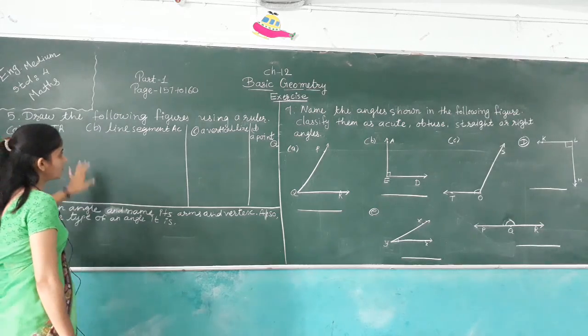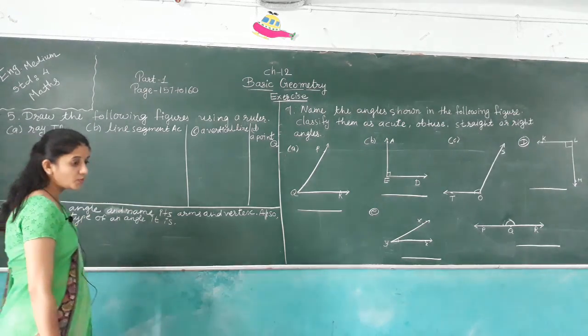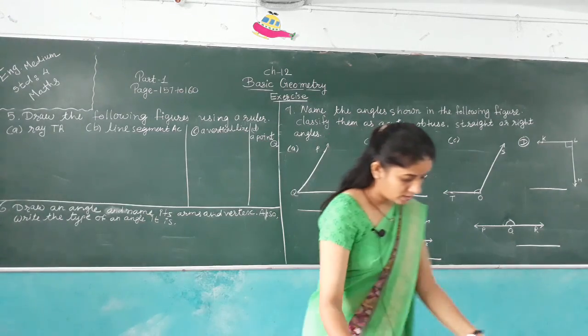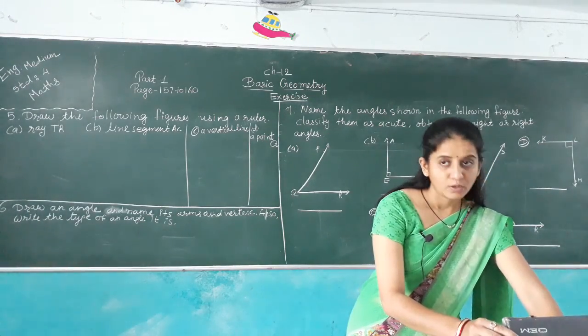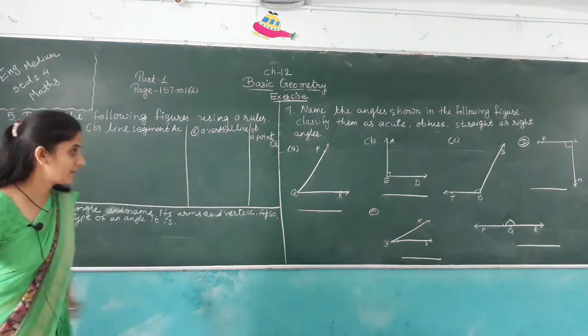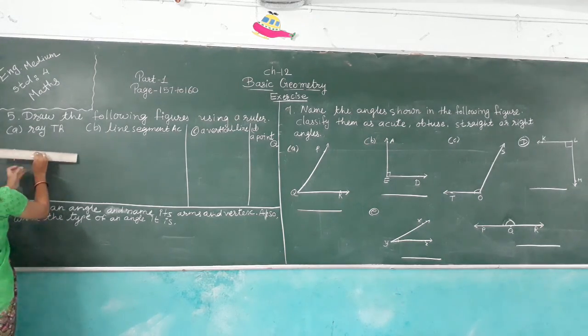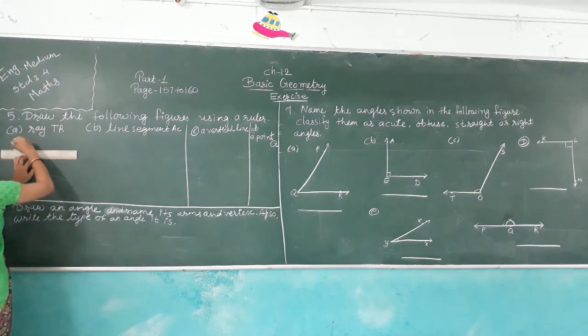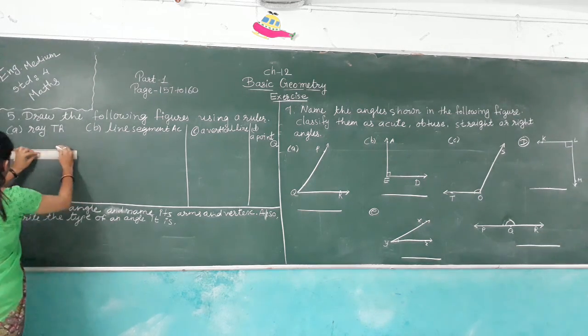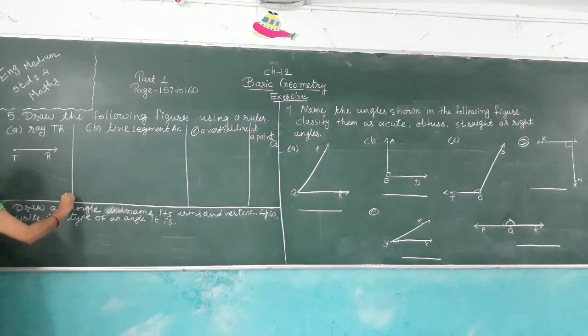Now the next question. Draw the following figures using a ruler. Ray TR: first put the point T, then make a line. A line like this is called ray TR.